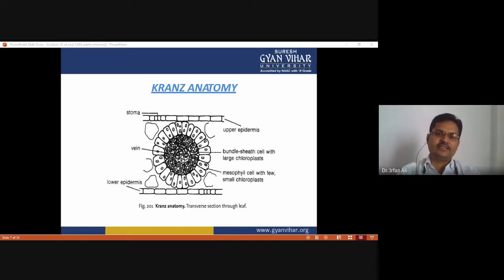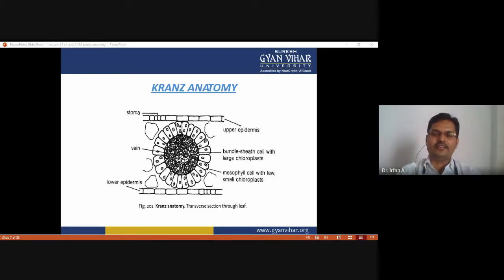In these cells photophosphorylation takes place, and carbon dioxide fixation takes place in these mesophyll cells, because the substrate phosphoenol pyruvate is found in these mesophyll cells.